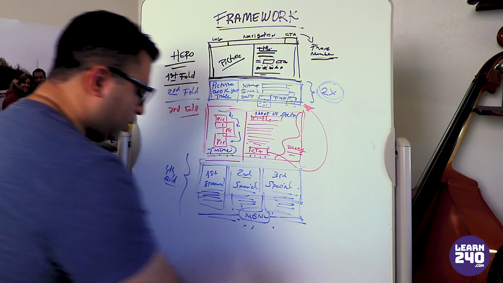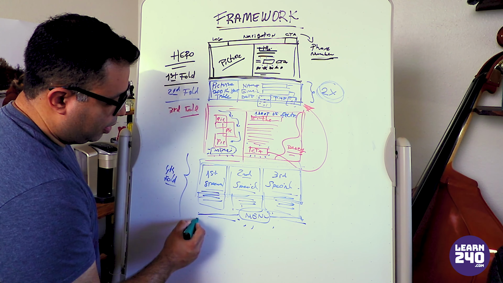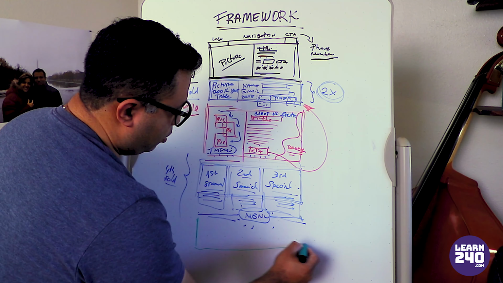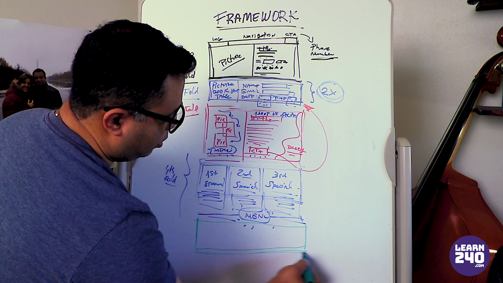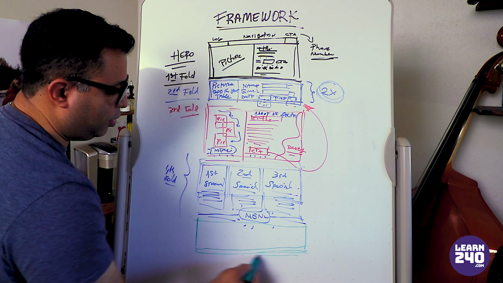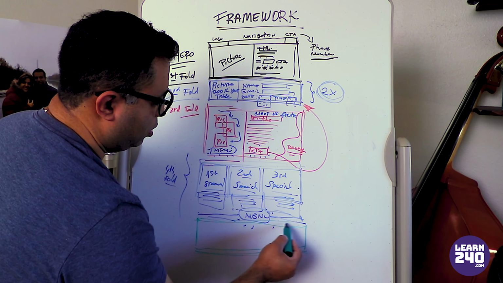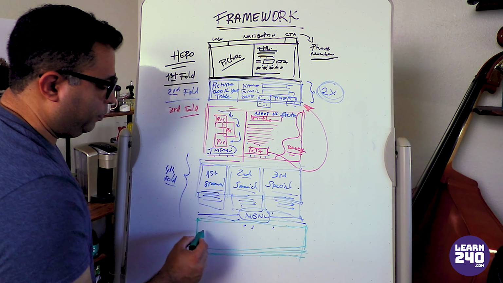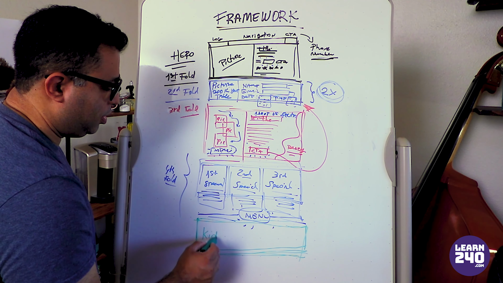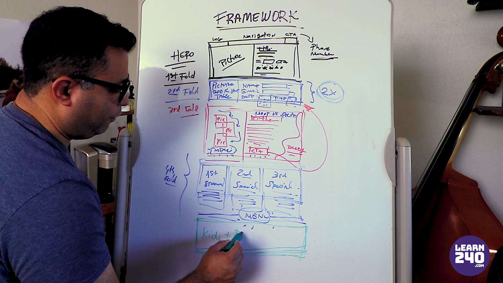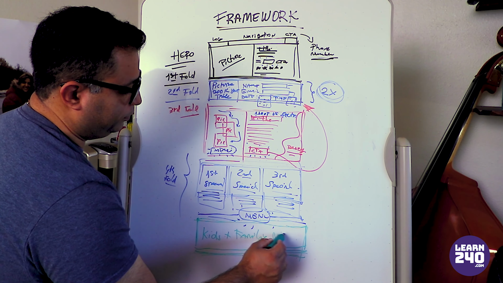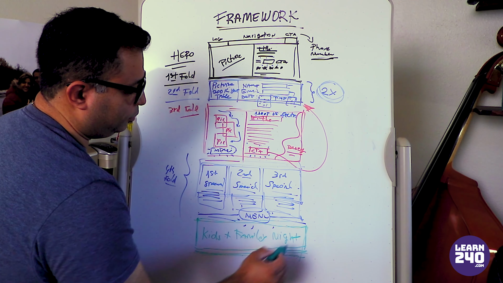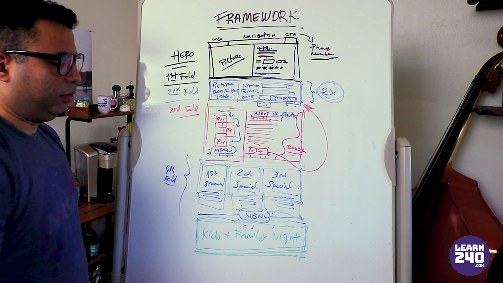What is going to be the other section? Let's divide. Let's create another banner. And this banner is going to talk about kids plus family night. This is a promotion, okay?